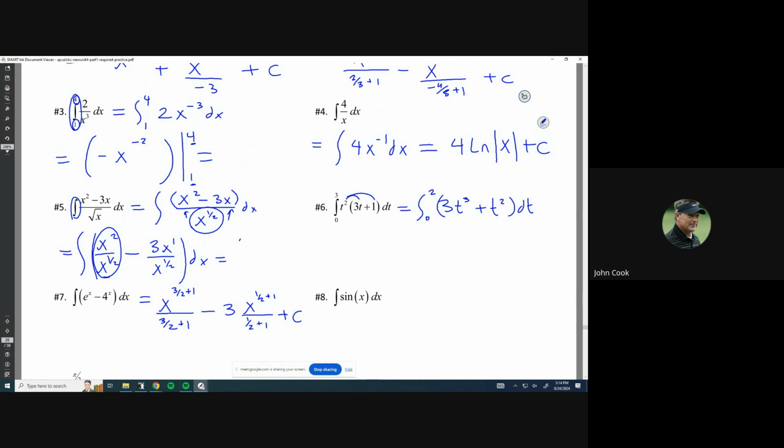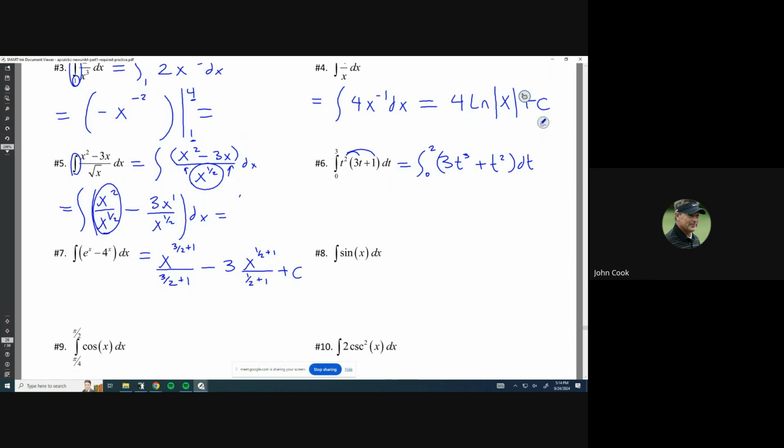And now I'm just going to use the power rule again. So that's going to be 3. I'm going to go through this a little bit faster, because maybe I've memorized the process for using the power rule this time. So 3/4 t to the 4th plus 1/3 t to the 3rd. And then I'm going to evaluate this from 0 to 3.